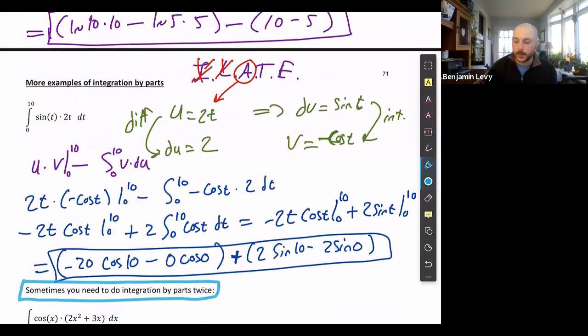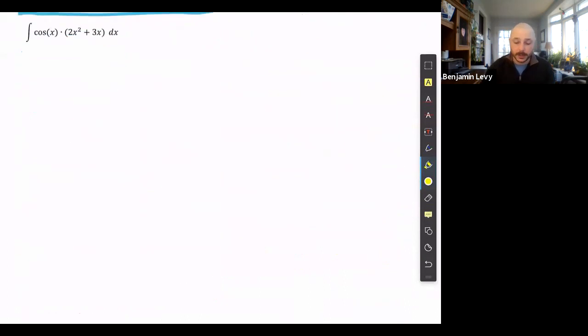The reason the last one works so well, and a lot of the previous ones, is because the thing that you let u equal was linear, a power of 1, so that when you took the derivative, there were no variables left. And that was helpful because then when you put it back into the integrand, it was just a constant. And so if it was a bigger power, we'd end up with a t in there, and then we'd be kind of in the same situation we were a second ago. And so that's what happens on this next one.